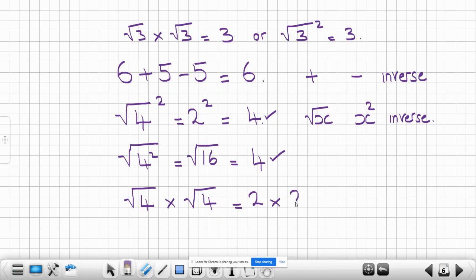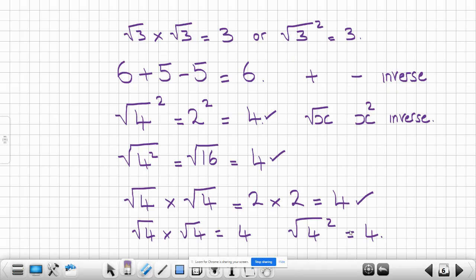The square root of 4 is 2. So therefore, the answer is indeed 4. So now we should have made some progress in showing that that equals 4 and that also equals 4.